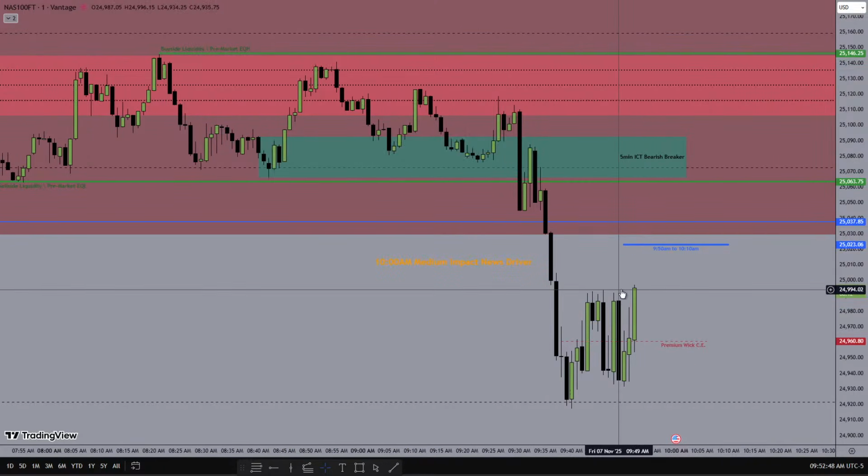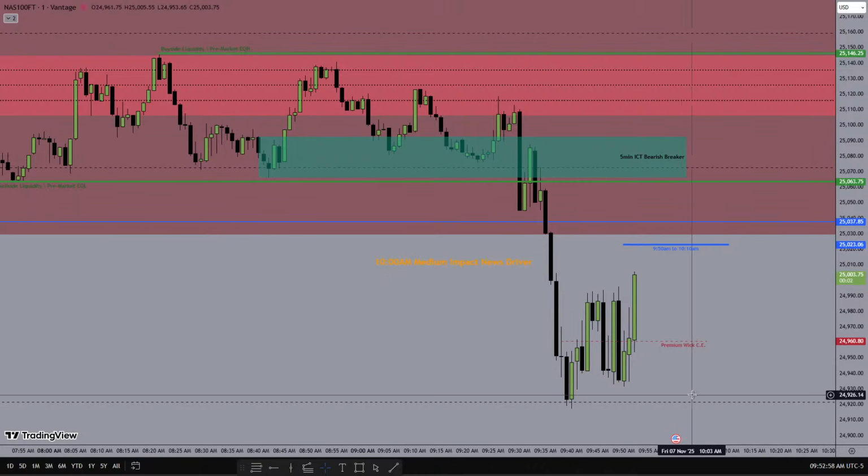So now we hit that macro. ES, on the other hand, was unable to create a lower low here. And dollar just slipped lower. So now we have one obvious fair value gap here.